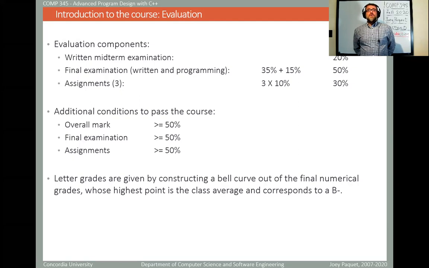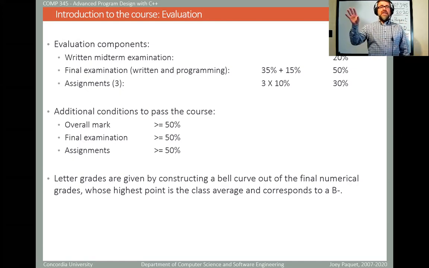Now, for the evaluation, there are different components. There are going to be exams and assignments. There's going to be a midterm exam worth 20%. The final exam is divided into a traditional written exam for 35%, and then a programming exam that will happen in the lab, as I'm going to explain later, for 15%.